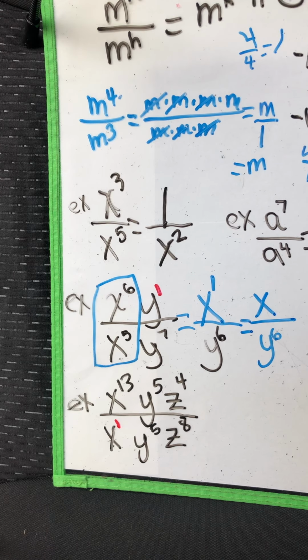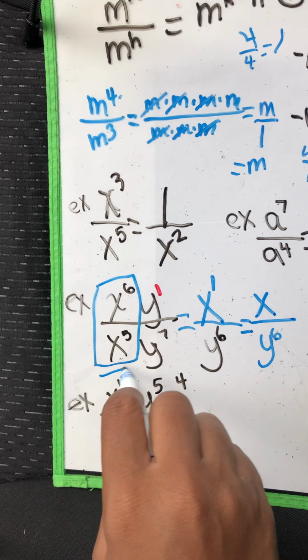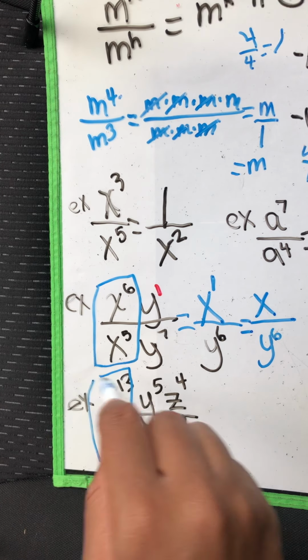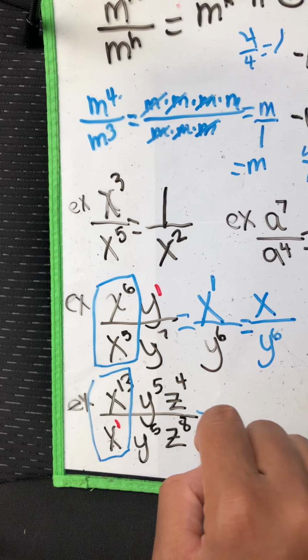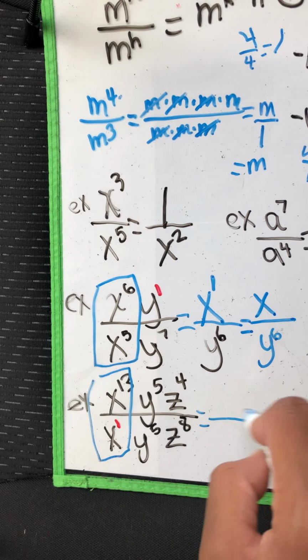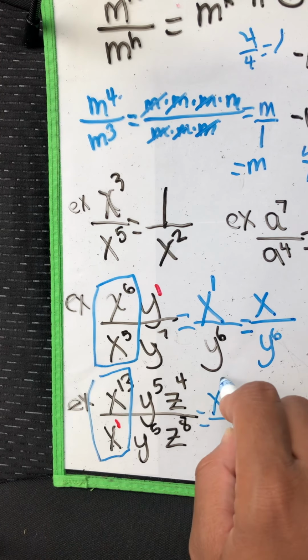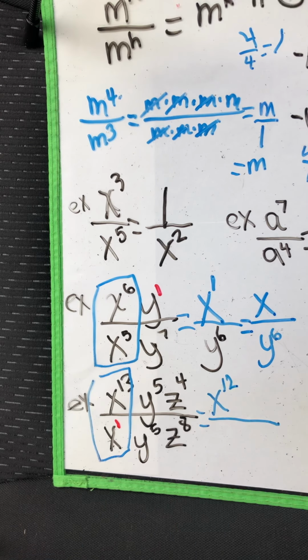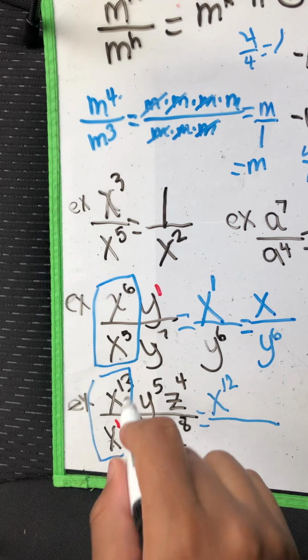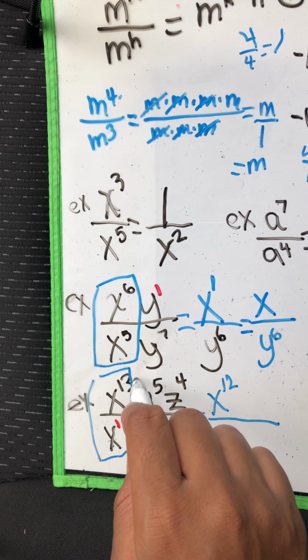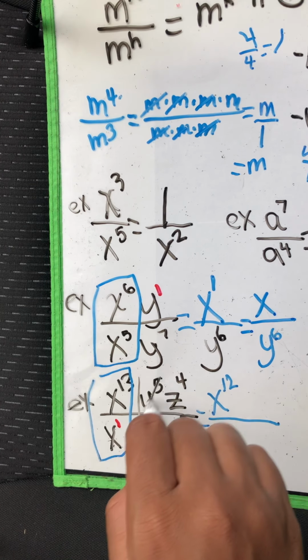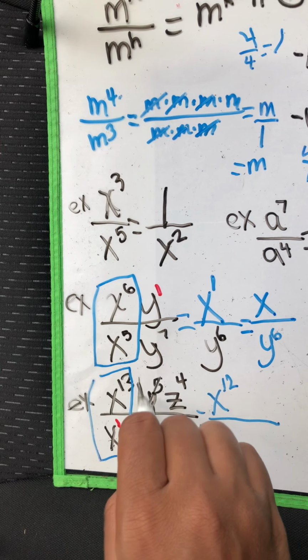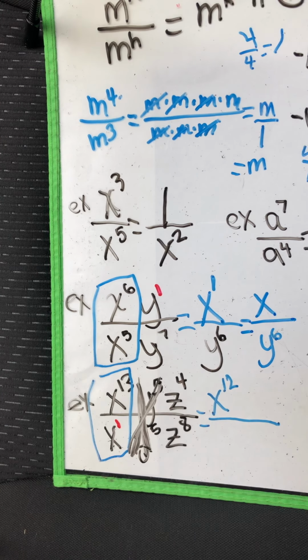So I'm going to look at the x's. I have 13 on the top, 1 on the bottom. If I subtract, I have 12 extras, and where are they? They're on the top of my fraction. Let's look at these y's. I have 5 on top, 5 on bottom. If I subtract, I have no y's left. Do not put y to the 0 power. That makes no sense. That's like saying you have $0. You just don't say anything.